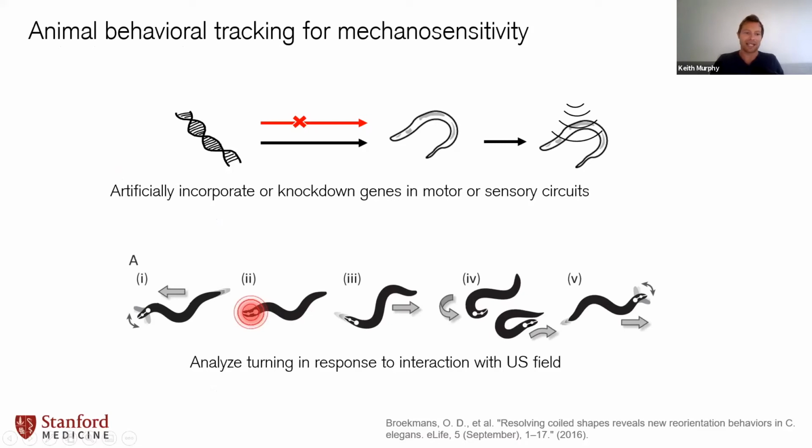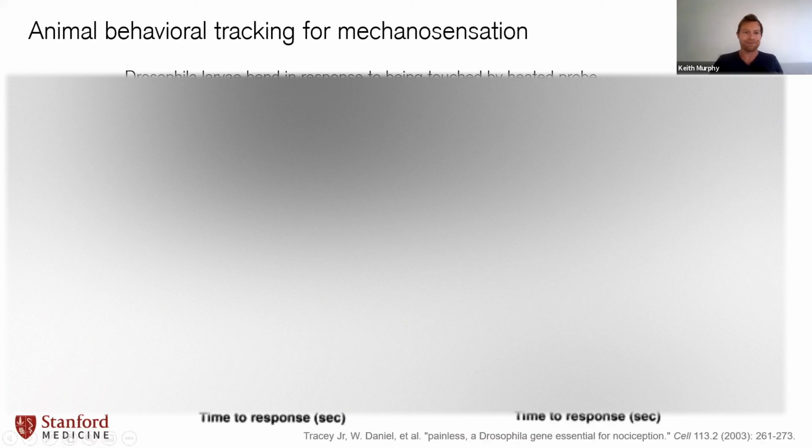So for the C. elegans, whenever you create force at its mechanosensory tip, like its nose, it'll actually turn around, it'll about face and run away. So if you knocked out a gene and it stopped doing that, then you might conclude that that gene encoded a mechanosensitive channel because the animal is no longer sensing that force.